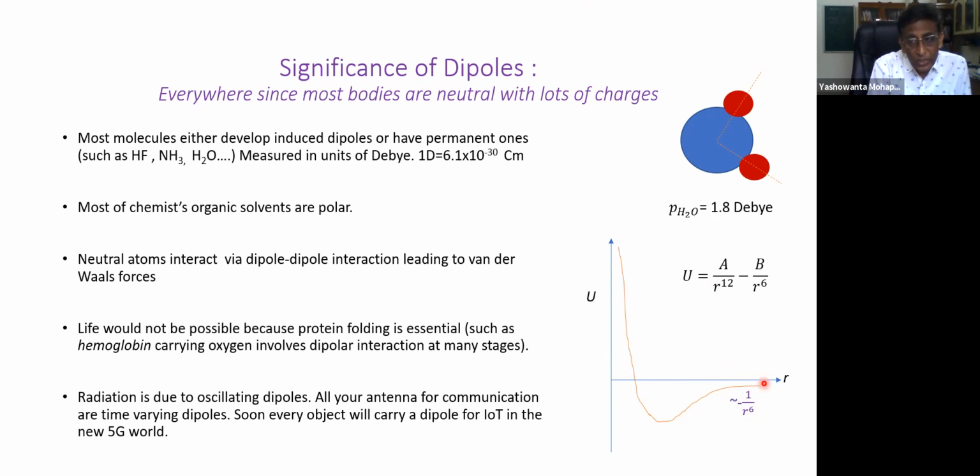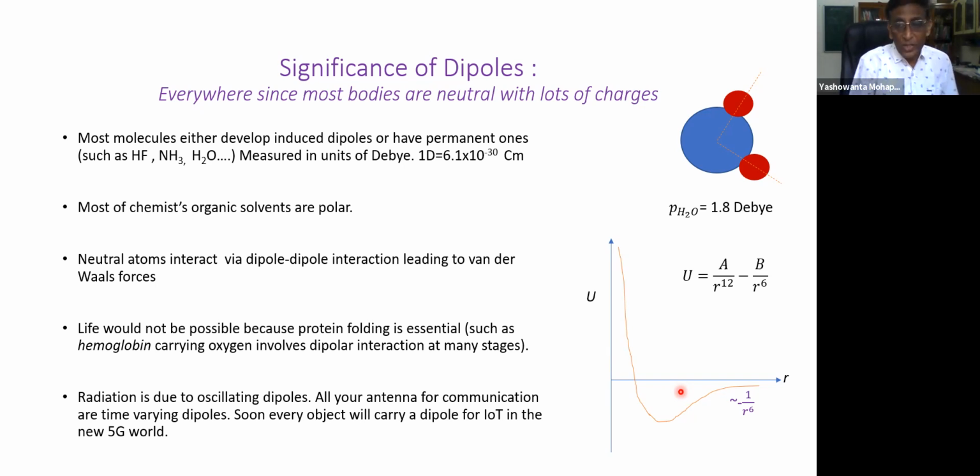But when the two atoms come very close, there is an overlap of their electronic clouds. They are basically neutral, but the electronic clouds don't like to overlap. Why? Because they are fermions. So there is a huge repulsion between electrons. This is not electrostatic. This is quantum mechanical because they are spin half.